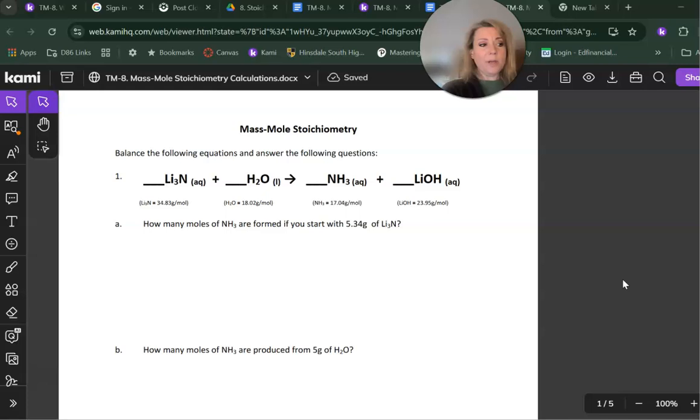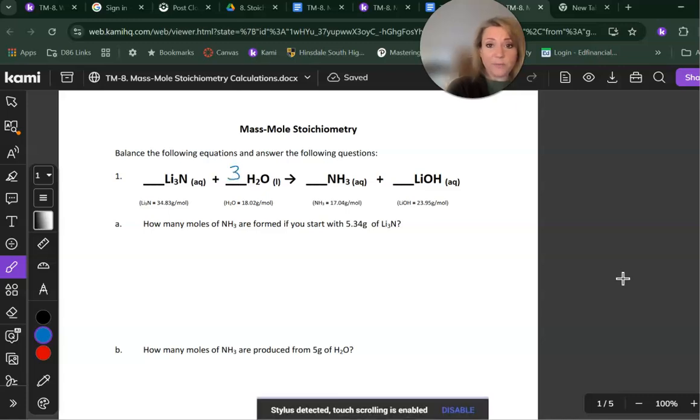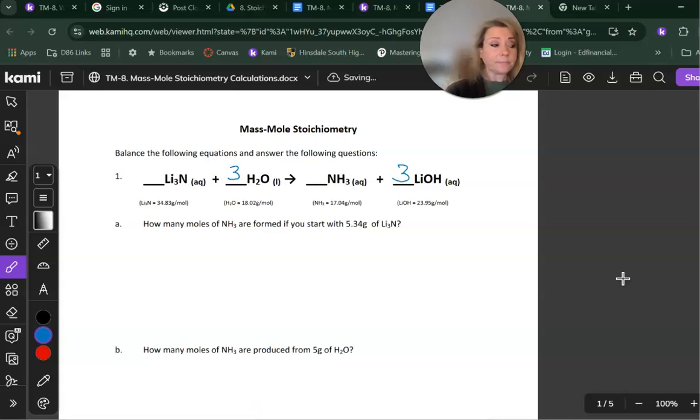Okay. So if we take a look at our equation that we have at the top, you'll see that I'm missing some coefficients. So let's fill those in for you. In order to make this equation balanced, we need to add a coefficient of 3 in front of water and a 3 also in front of lithium hydroxide.